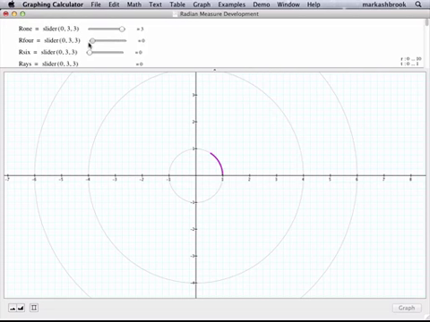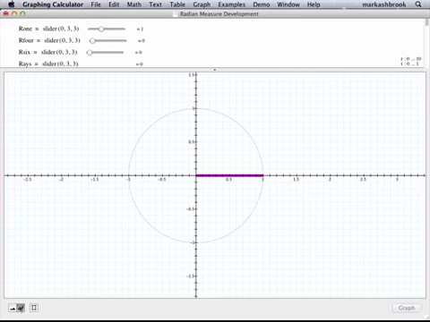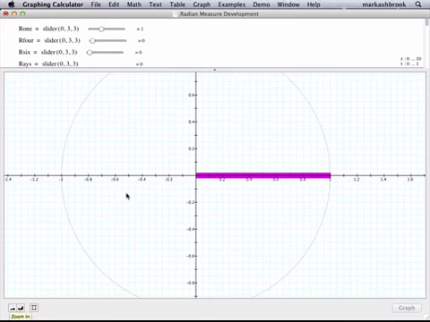So what I want to do is zoom in on the smallest circle. And we can see most of it.